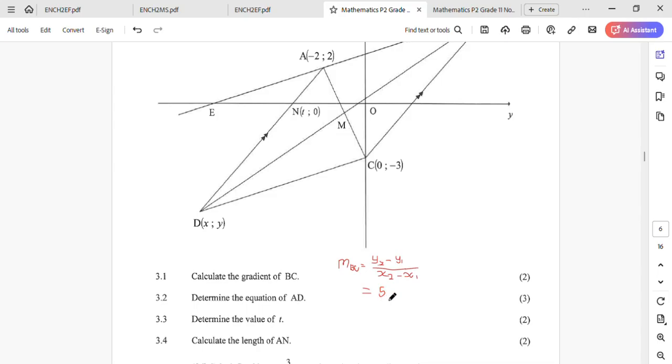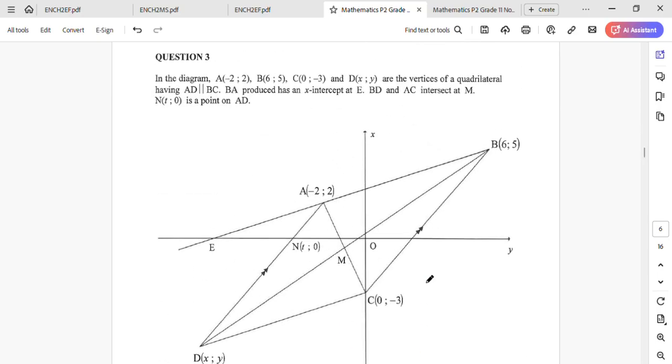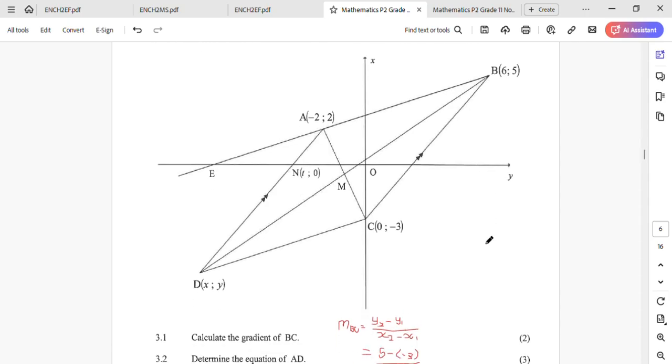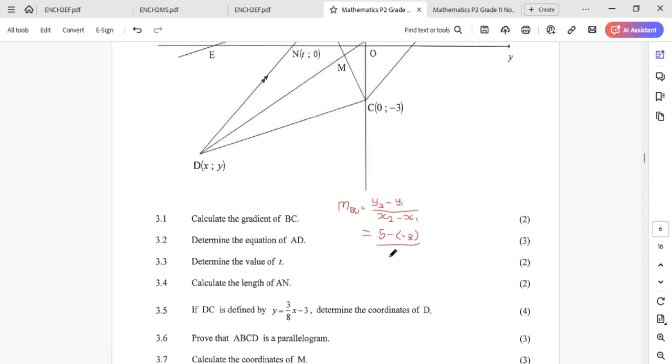5 minus, put a negative number in the brackets, over x2 minus x1. x2 is 6, x1 is 0. So that gives us 5 plus 3, that is 8 over 6.